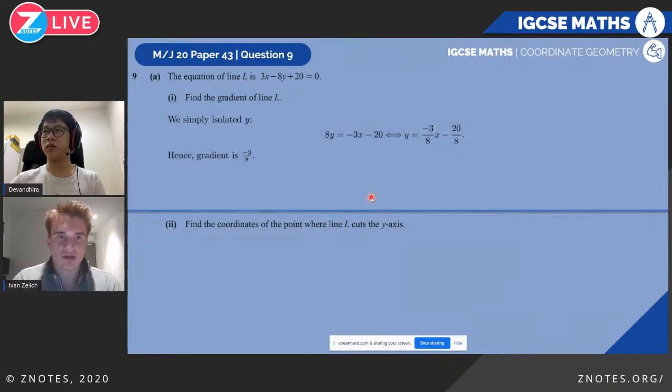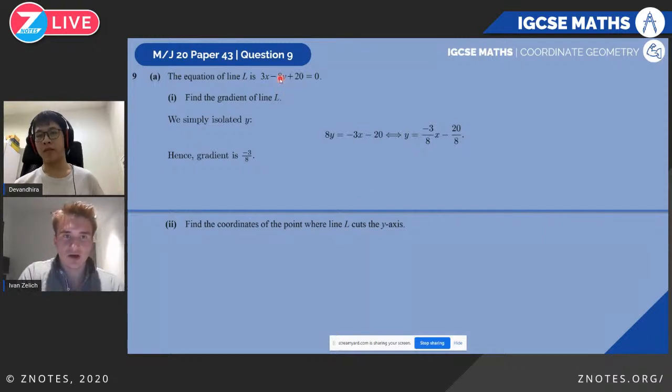Right, so what we need to do is take everything to the other side. Okay, here, I made a little error. Apologies, today was a very busy day, but it should be here. We're going to isolate y. So we can take the 3x and the 20 to the other side.